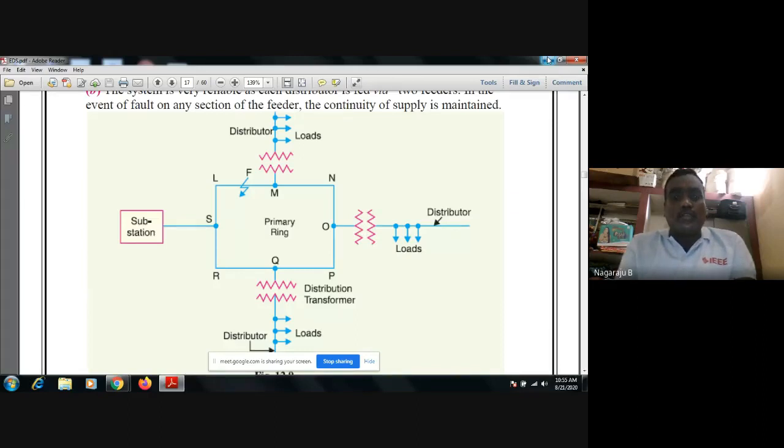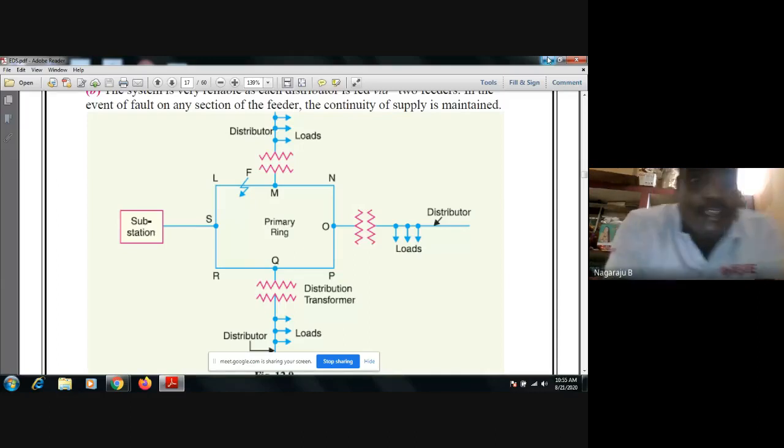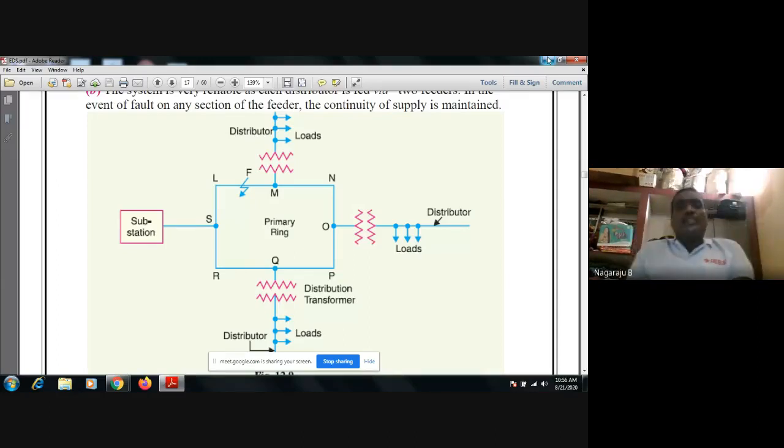When a fault happens in any feeder, like between L and M, power is automatically supplied through L, M, N, O, P, Q, R. The system has highly protected devices.